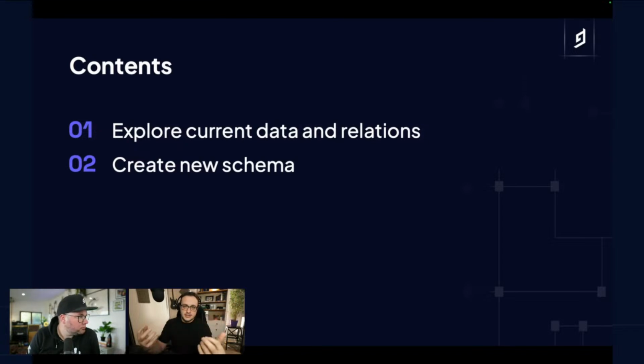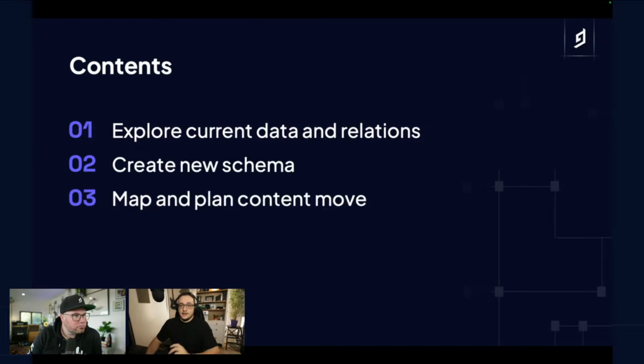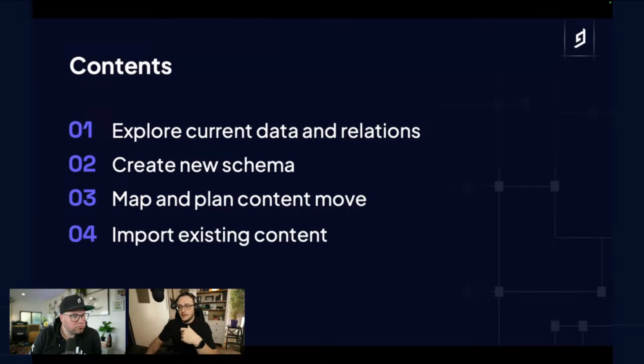This is where you're going to examine our content types, how they relate to one another, and so on and so on. We're going to see that in a bit. Then is how you actually plan to execute that. This includes writing the scripts for the migration, having the priorities set straight in terms of what goes first, and so on. And then finally, and this is probably the most important part, is how do you execute the whole thing? So we're going to see that today as well.